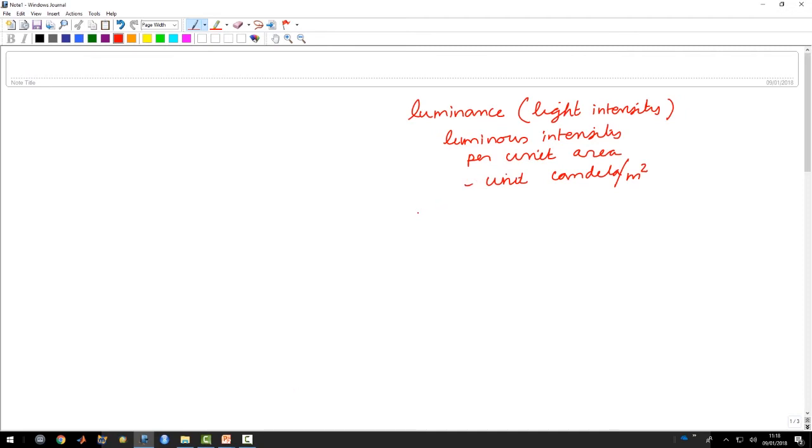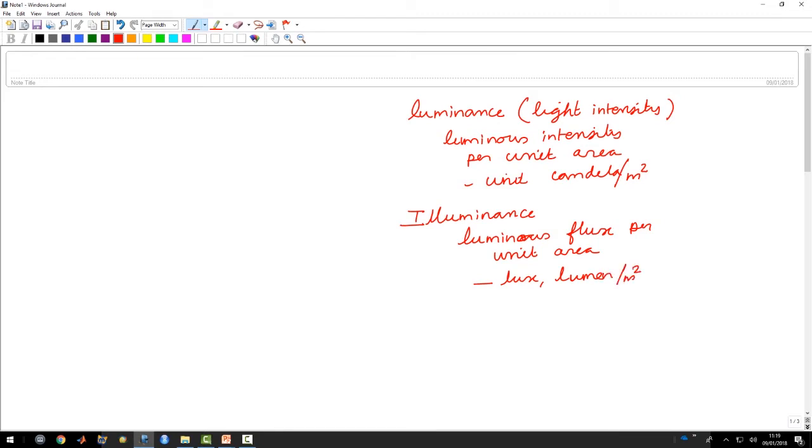And then there is another property called illuminance. Luminous flux per unit area. This is what we call lux, or lumen per meter square.